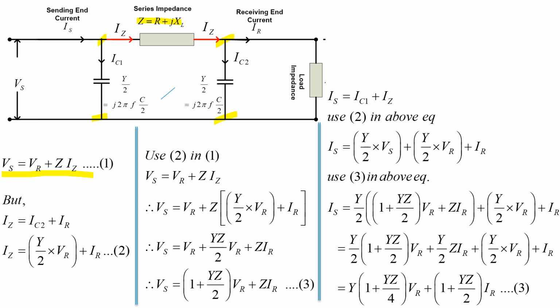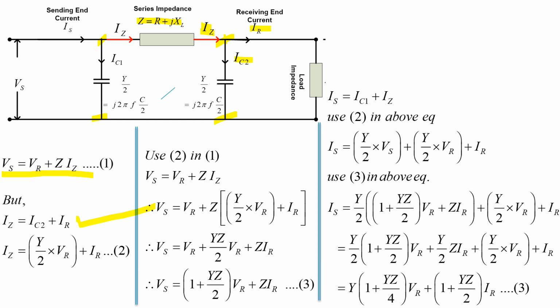Also you can observe that if I apply KCL here, this current Iz is divided into two currents. One current is IR and another current is IC2. Hence I can write the expression Iz is equal to IC2 plus IR.